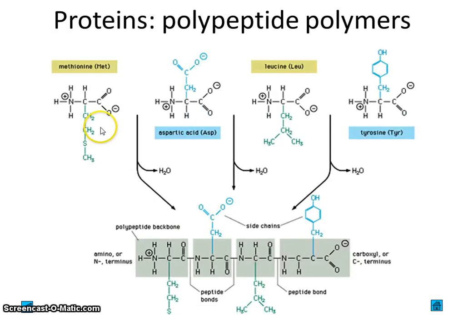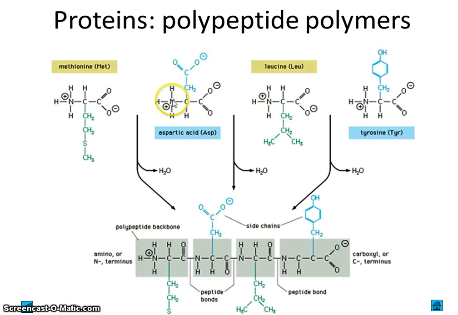So we can focus in on several different amino acids here. Here are the names of some amino acids and their structures. You can see the side groups there. And we've put together the carboxylic acid group and the amine group of adjacent molecules.